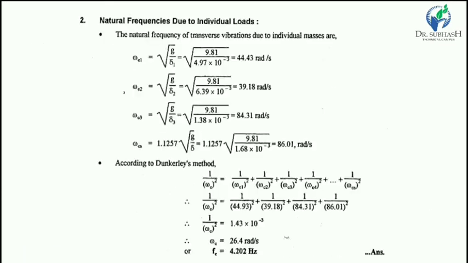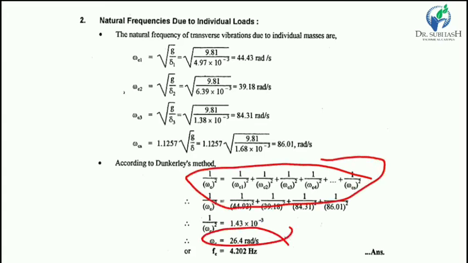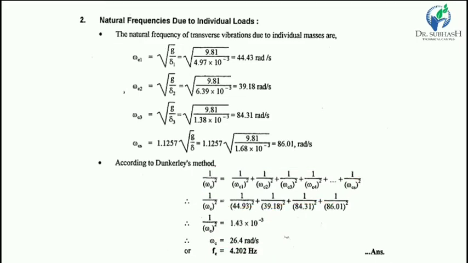We know that in the Dunkerley method, an equation is given for the circular frequency of the critical speed and the frequency of the critical speed of the shaft. First of all, we have to find omega C1, omega C2, omega C3, omega C4 and omega Cs.